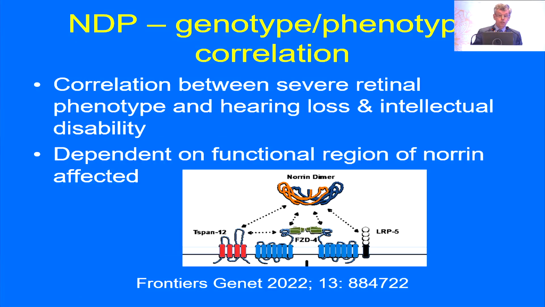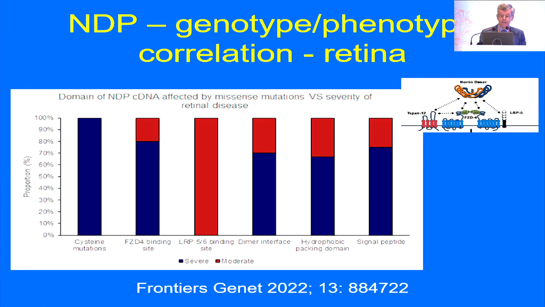And what they showed is that there is a correlation between the severity of the retinal phenotype and some of the systemic features, particularly hearing loss and intellectual disability, depending on what part of the Norrin protein is affected. It's quite a detailed paper, but there are a couple of things.